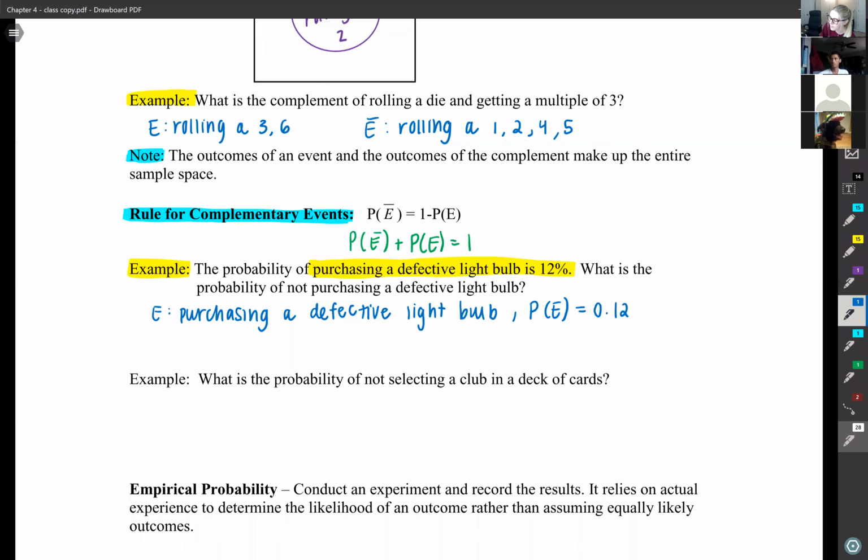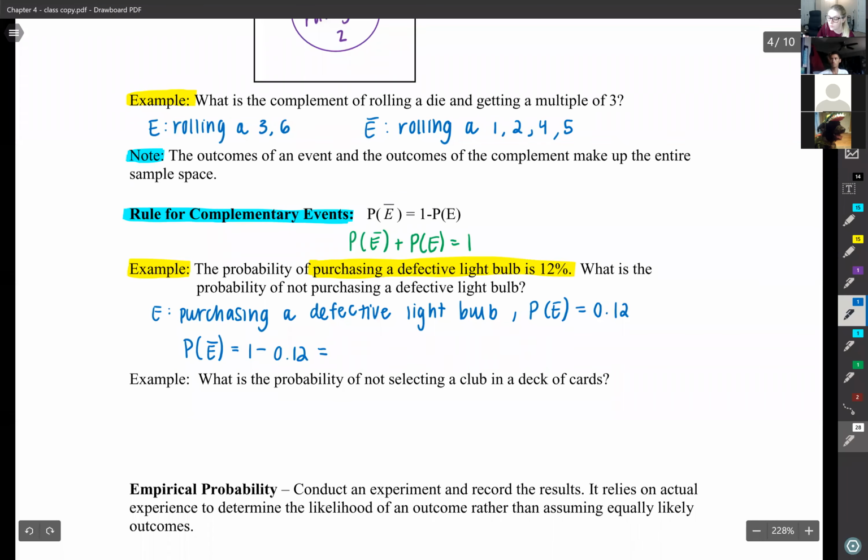And we want the probability of not purchasing a defective light bulb. So we want the probability of E complement. That's the opposite of purchasing a defective light bulb. Okay, well, our rule for complementary events says all we need to do is subtract the probability of E from 1. So this is equal to 1 minus the probability of E, which we already know is 0.12.